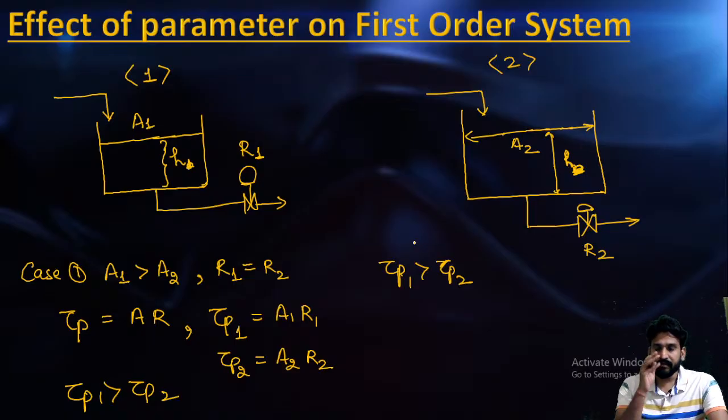Please pay attention to my words: it means that tank 2 will reach 63.2% of its UVR in less time as compared to tank 1. So for sure tank 2 will achieve 100% of the UVR in less time as compared to tank 1. So I can make a statement that system 2 will be faster as compared to system 1.